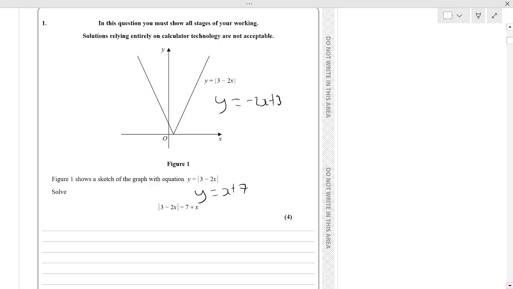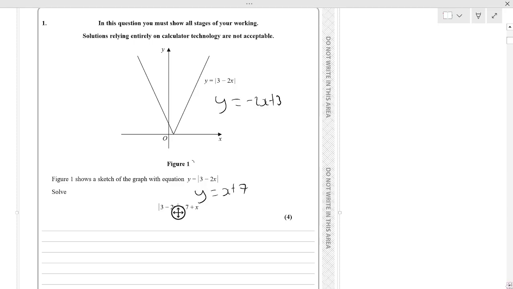So that's telling you your gradient is minus 2, and you can see that here. Then this side is where the modulus function kicks in, because it is meant to go negative, but when you go below the y-axis, it rebounds up instead to preserve the positive number. So the gradient on this side is 2.